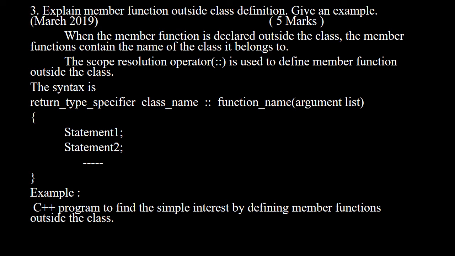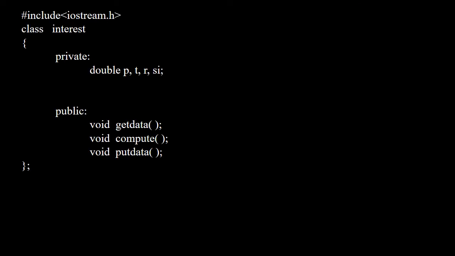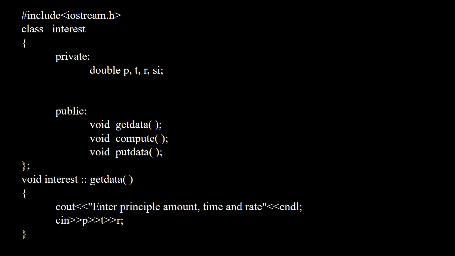Here I have considered the same program of finding the simple interest. The first statement is the header file, then the class definition, that is defining the data members and member functions of a class. Then define the getData function outside the class.